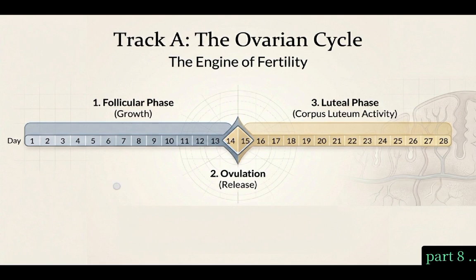The follicular phase is from day 1 to around day 12 or 13, or sometimes day 14, while the ovulation phase is most times day 14. So ovulation occurs at day 14 for individuals whose menstrual cycles are 28 days. And the luteal phase occurs from day 15 to day 28.